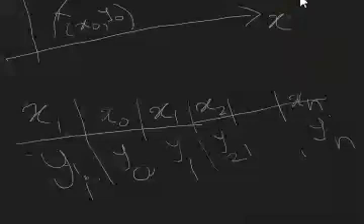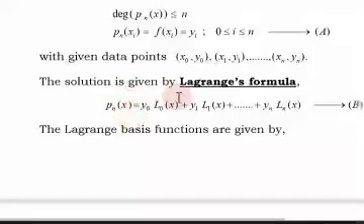Let's see the formula of Lagrange interpolation. This is the Lagrange formula. The nth order polynomial is given by this equation: y sub 0 times L sub 0 of x plus y sub 1 times L sub 1 of x.